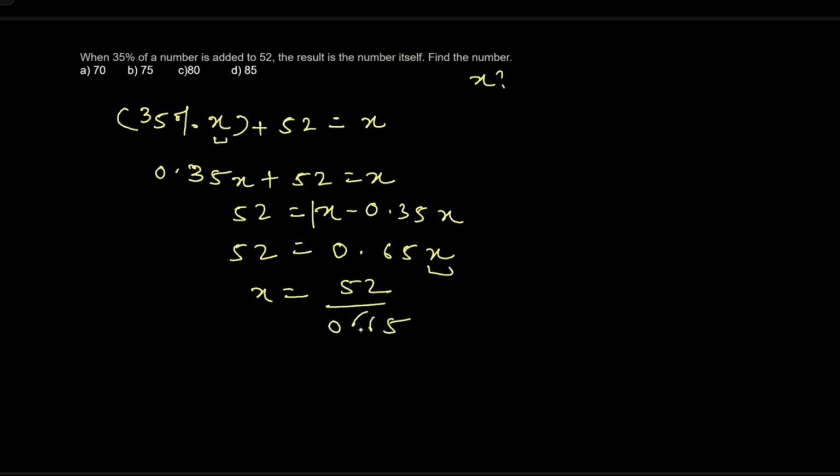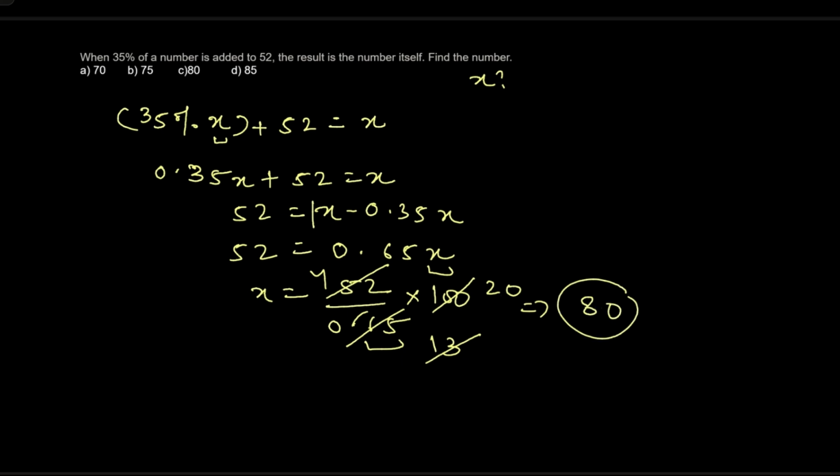Just remove the decimal and write 100, as we have two decimal places, so we put two zeros. Now 13 5s are 65, 13 4s are 52, and 20 4s are 80. So the answer is 80. The correct option is option C, 80.